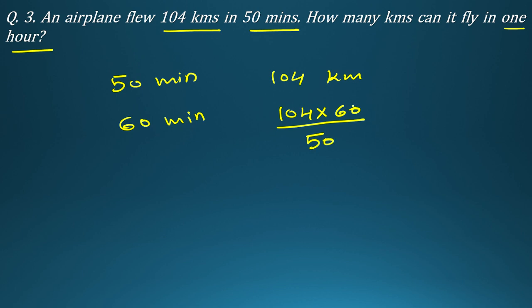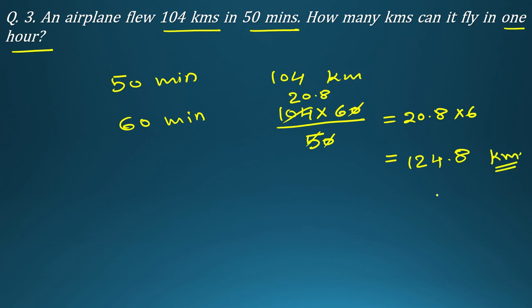Okay. Now you just calculate, it is just a calculation. 0 and 0 cancel out, and no number can be divided by 5, so definitely we are going to get the answer in decimals. So 104 divided by 5, it will be 5 times 2 is 10, then 0, decimal, 0.8. 20.8 multiplied by 6: 6 8s are 48, then 4 carried forward, 6 2s are 12, so 124.8 kilometers.